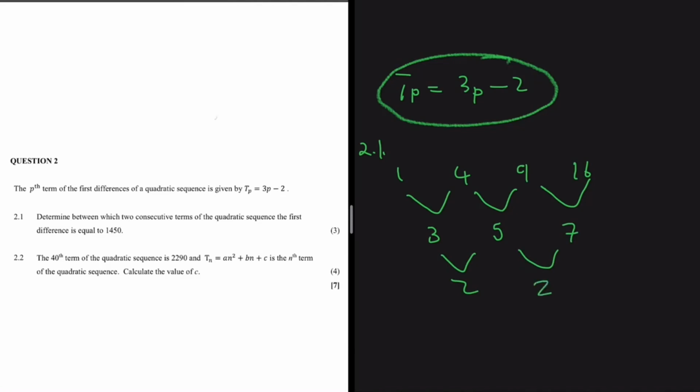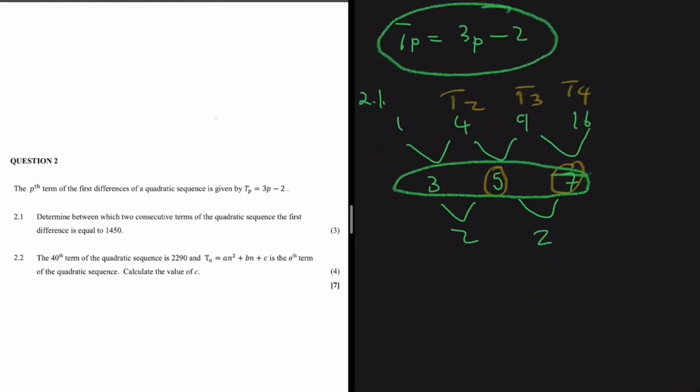So in this equation, we are given the equation of the sequence of the first differences. If the question was asking us in which two terms does 5 lie, right? It lies between T3 and T2, right? And then in between which two terms does 7 lie? It lies between T4 and T3.